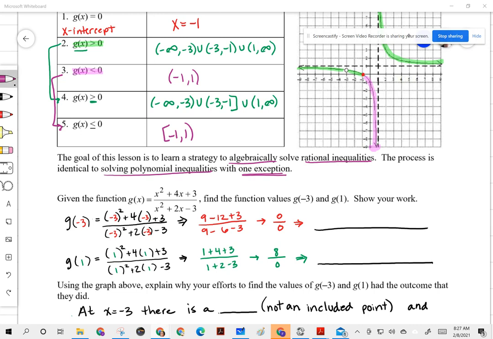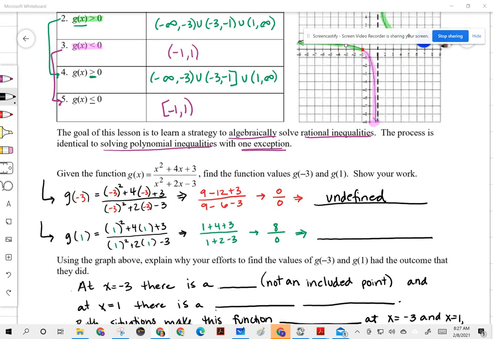When it says find the function values, I went ahead and performed the math, just plugging into the equation, and something interesting happens. On the first one, I get 0 over 0, which is undefined. There are more precise words for 0 over 0, but for right now, the bottom line is that it's undefined.